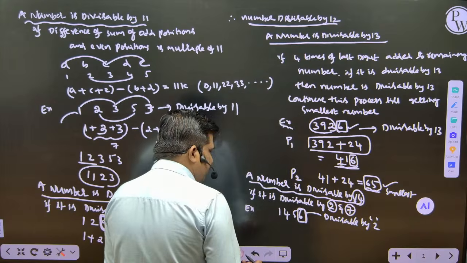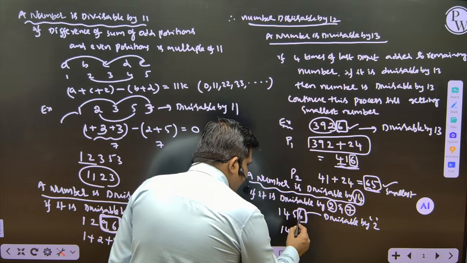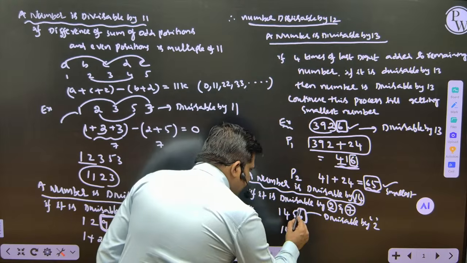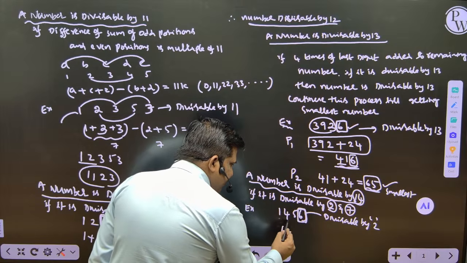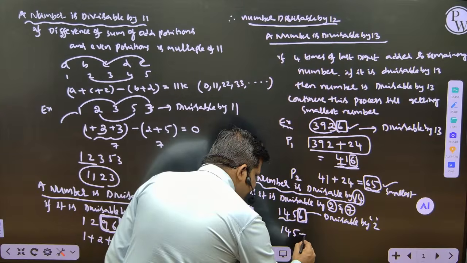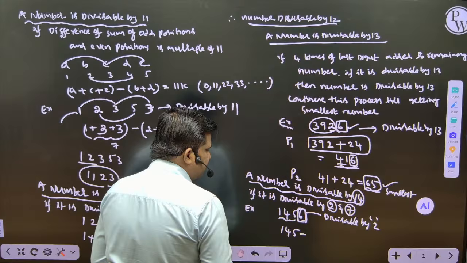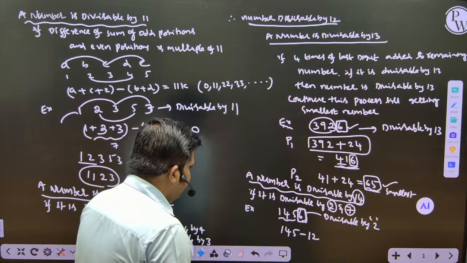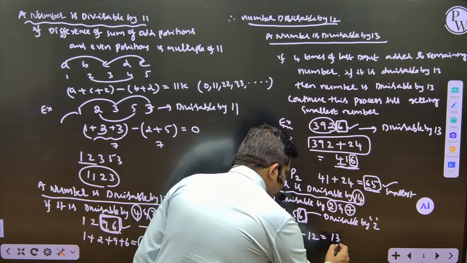For that I already told you the condition. What is the divisibility condition for 7? Consider the last digit, which is 6 here. The remaining number is 145. From this you subtract 2 times the last digit, which is 12. The result is 133.